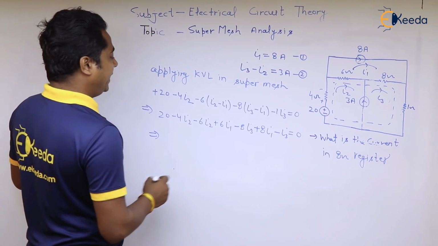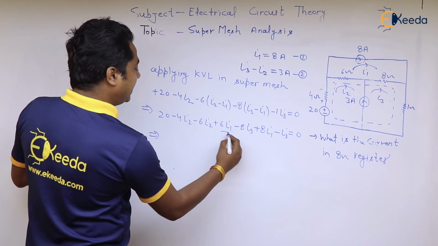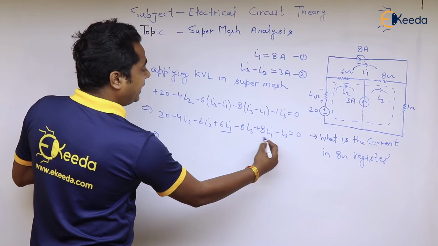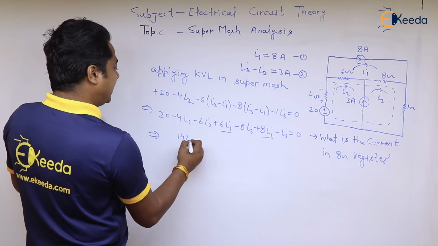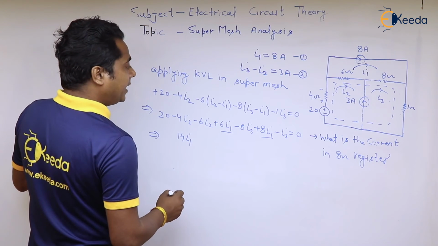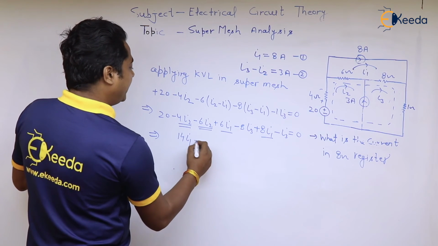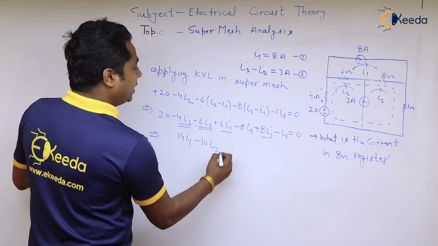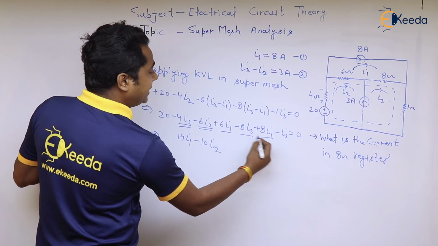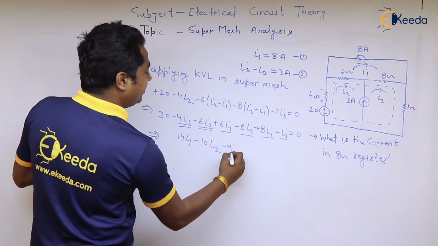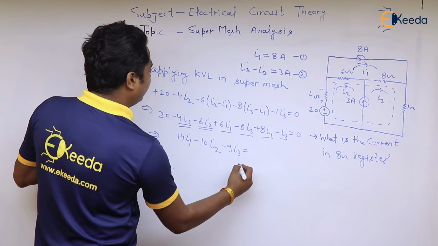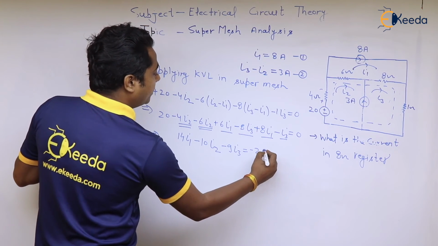Now we have 6I1 and 8I1, that is your 14I1, and for I2 we have 4I2 and 6I2, minus of 10I2, and minus 8I3 and minus I3, minus of 9I3, and that will be coming to minus of 20.